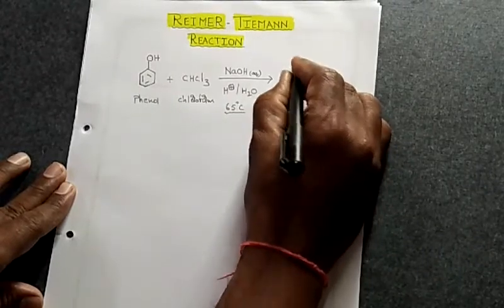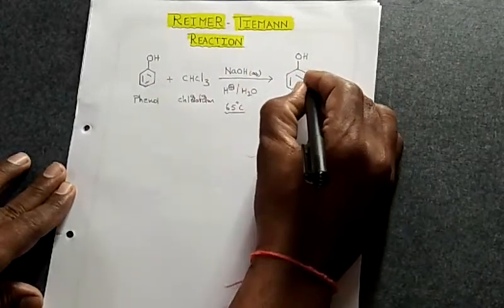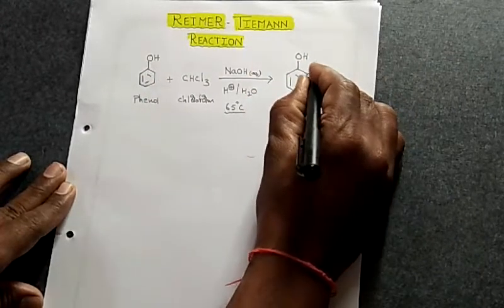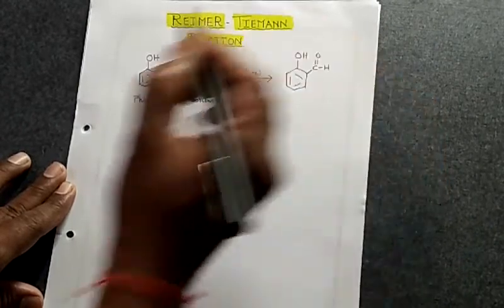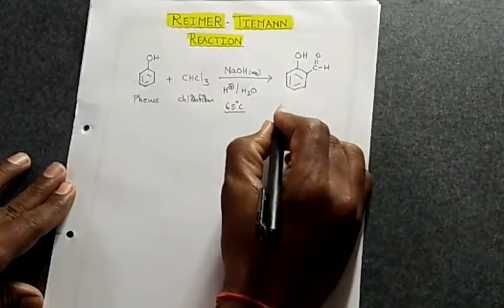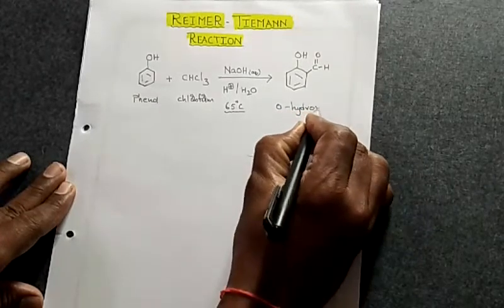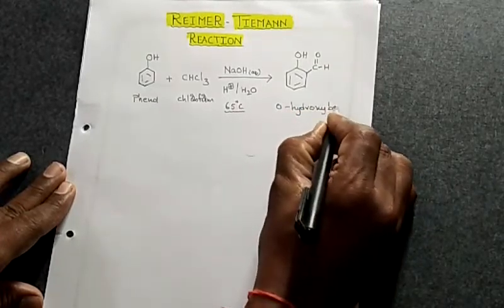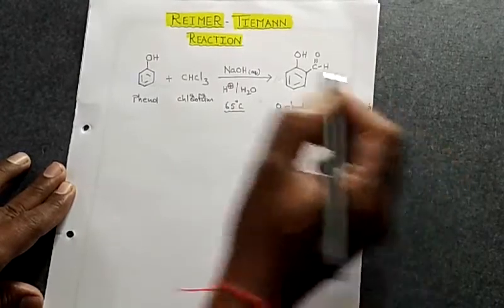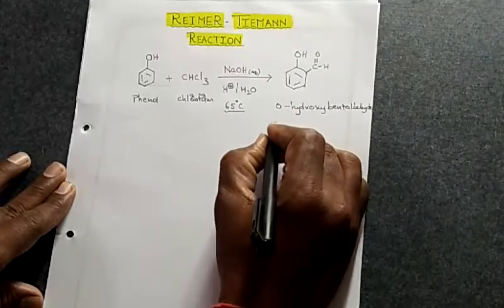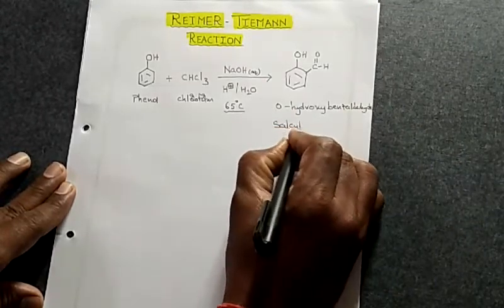That means the OH group will be like this, but here at the ortho position, the aldehydic group is going to get substituted. Orthohydroxybenzaldehyde is the major product I am talking about, which is generally known as salicylaldehyde.